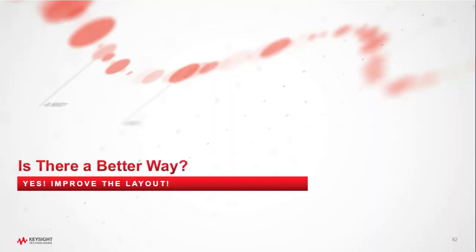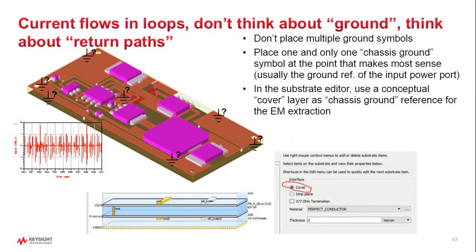All right? So what about improving the layout? First thing to think about and keep in mind, and we do this for you automatically in the test bench, when you do the extraction in the EM analysis of the layout, you cannot just drop ground symbols all over the place in the schematic or the layout, because what they'll do is they'll tie everything to a common reference of 0 volts.